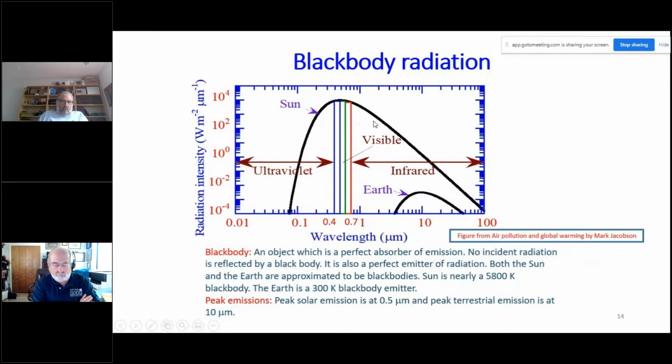So the sun has about 5,800 Kelvin, and its peak is at around 550 nanometers or 0.55 micron. And the Earth is a lower temperature black body at 300 Kelvin, and the peak is at around 10 micron. So it's a rule for black body that as the temperature increases, the peak emission moves towards the shorter wavelength. And this is what we can see here.